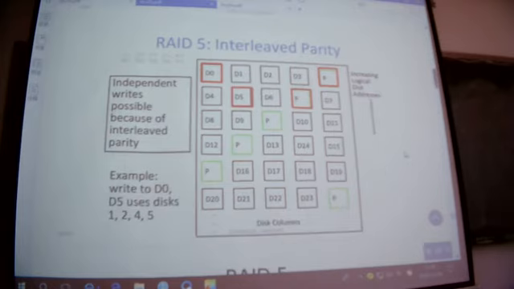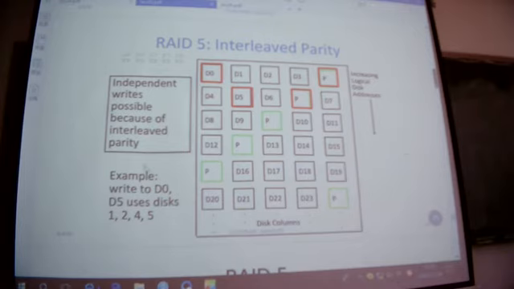Okay, please remember RAID 5. RAID 5 is very useful and very popular in data centers. RAID 5 is interleaved parity. You can see RAID 5 has independent writes possible because of interleaved parity.